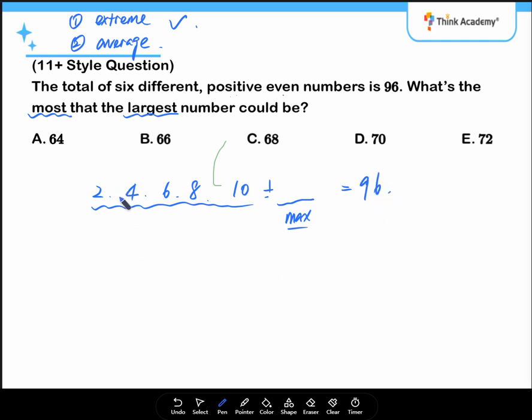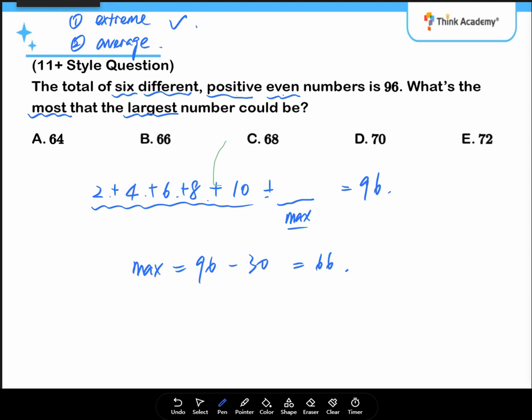Those 5 numbers add up to 30. So the maximum equals 96 take away 30, which is 66. Does that make sense? One more time: we have a total of 6 different positive even numbers, and we need the largest, which means as high as possible. So we make all others as low as possible.